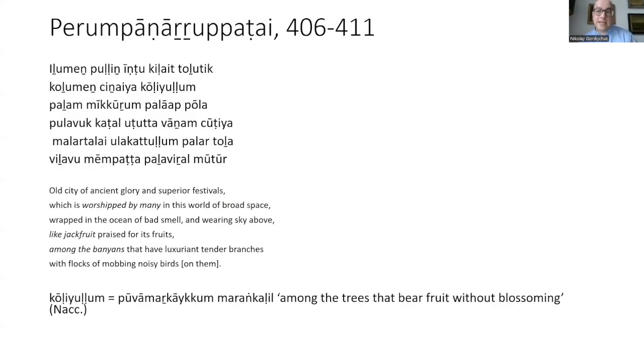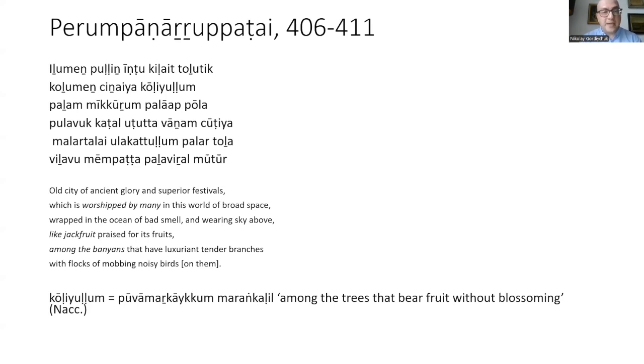So there are four attestations in the early Sangam corpus, and this passage from Perumpanarruppadai basically describes Kanji, Kanchipuram, and what we see is that it is an old city of ancient glory, with festivals.